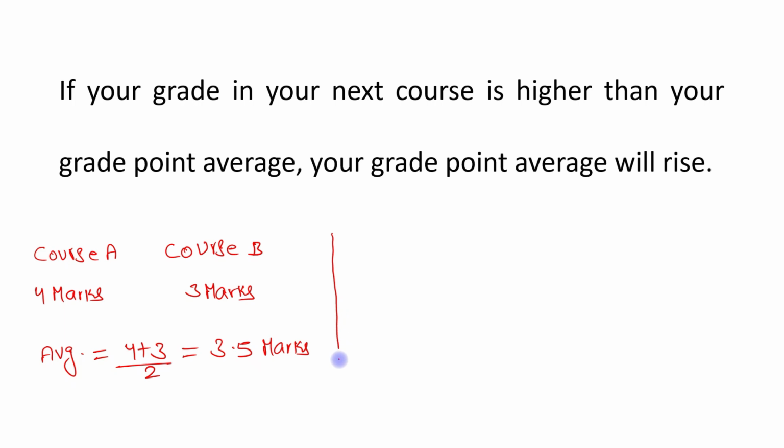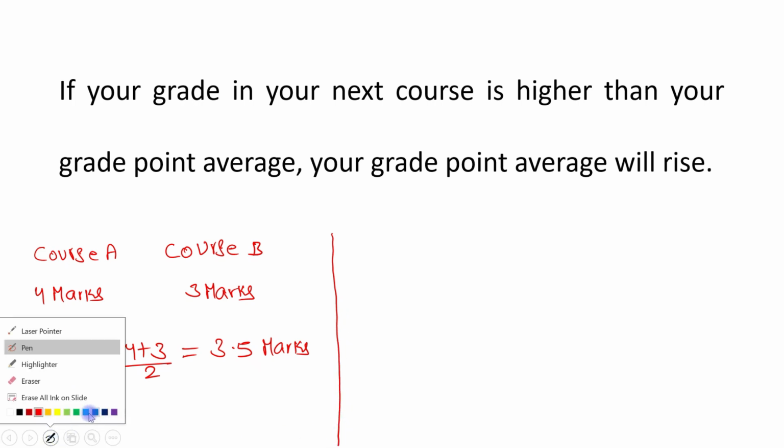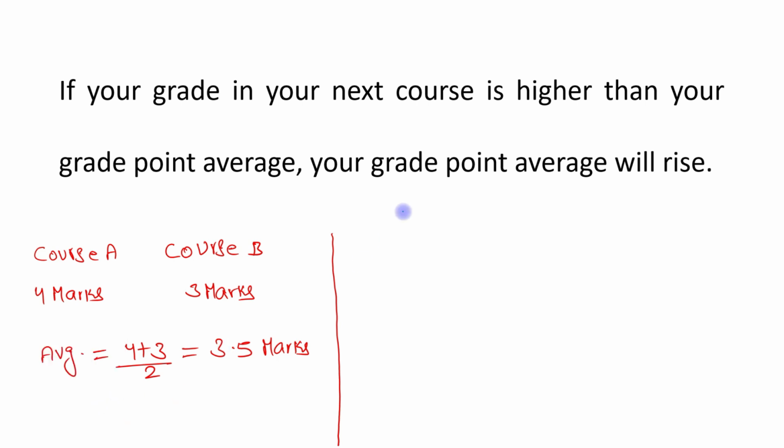Now suppose that there is course C now. So if your grade in your next course, course C, is higher than this average, let's suppose I'm taking it as 5 marks. Fine. So this 5 is greater than 3.5, right?